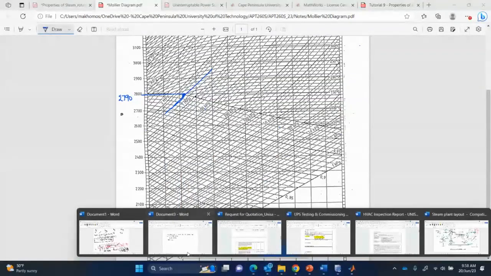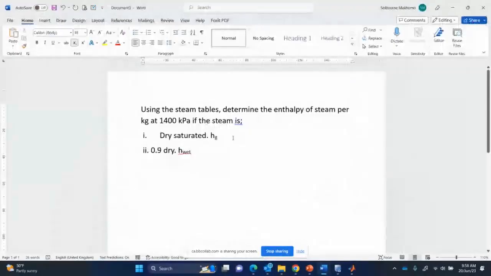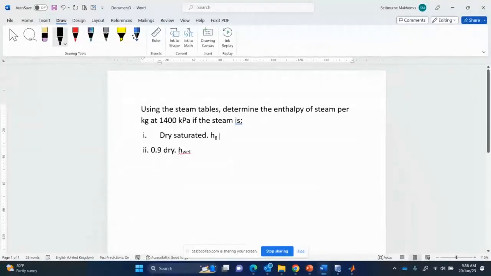According to the Mollier diagram, it is 2790 kilojoules per kilogram. That is the first one.